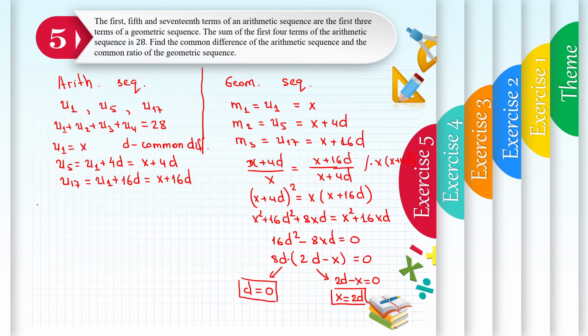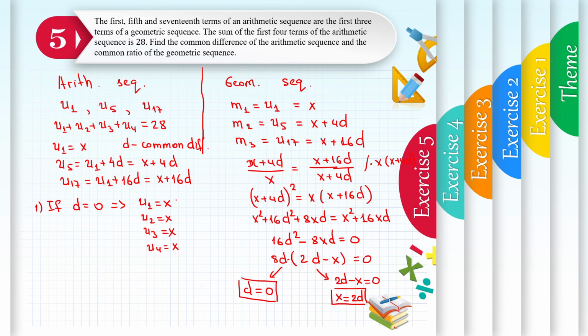So we have two situations. Case number 1: if d is equal to 0, this means that we have a constant arithmetic sequence. So u sub 1 is equal to x, u sub 2 is equal to x, u sub 3 is equal to x, u sub 4 is equal to x, and so on.